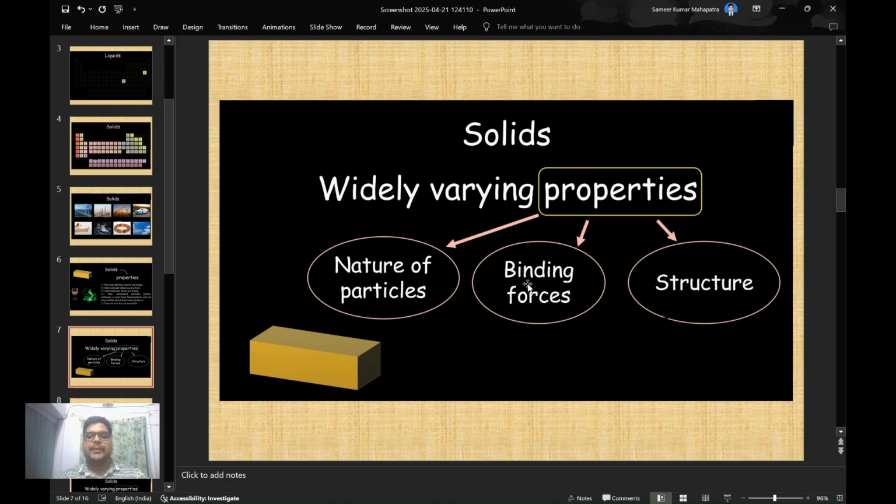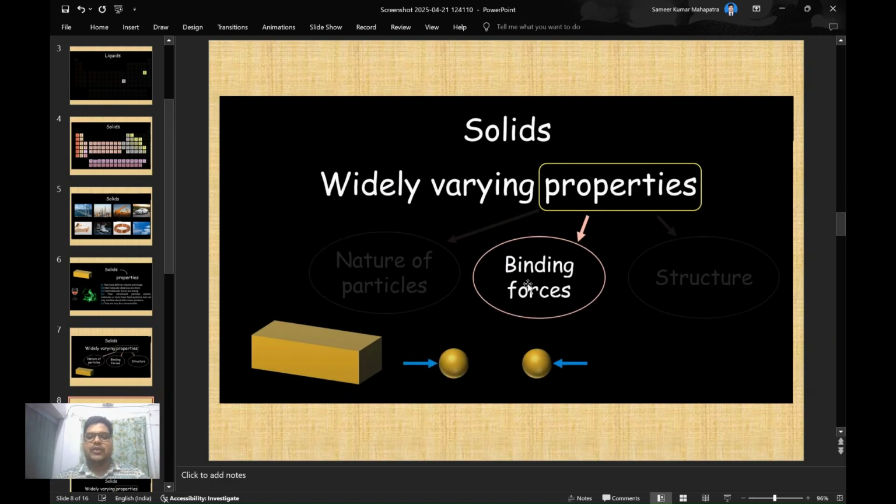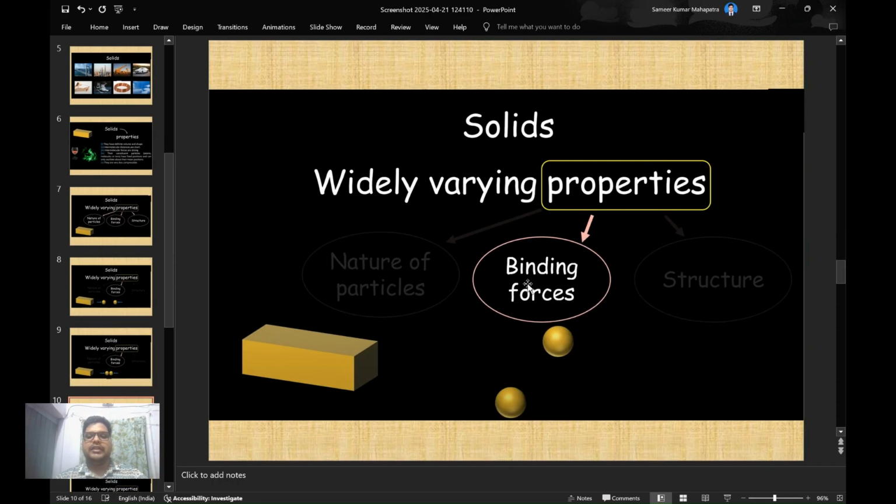Okay, so what do we mean by binding force and thermal energy? Binding force is the amount of energy required to bind the constituent particles together, while thermal energy is the amount of energy required to move the atoms apart from each other.